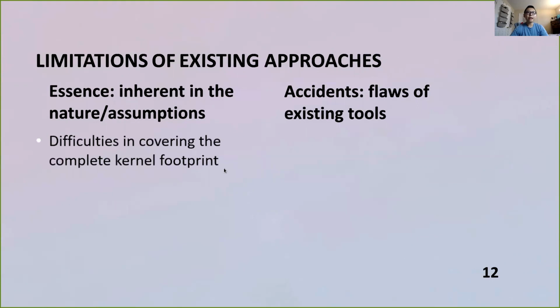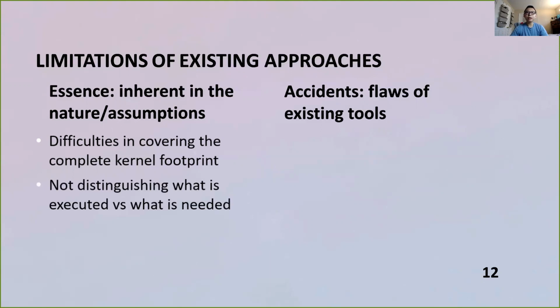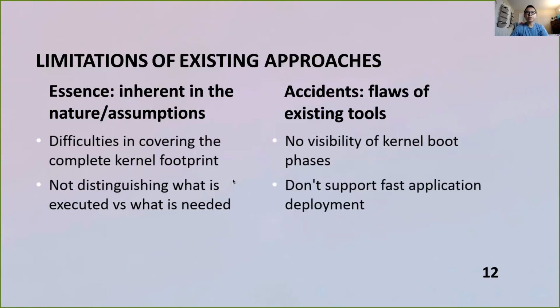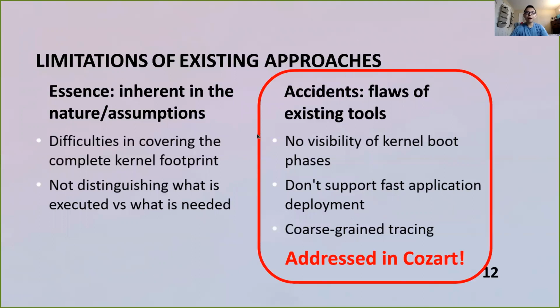Essential limitations are inherent in the nature or assumptions of kernel debloating, including the difficulties to obtain complete kernel coverage for applications, and the inability to distinguish what is executed and what is needed. On the other hand, the remaining 2 limitations are accidental, that are the flaws of existing approaches, including no visibility of kernel boot phases, no support for fast application deployment, and an adoption of coarse-grained tracing. These 3 limitations are addressed by our tool, COZART.